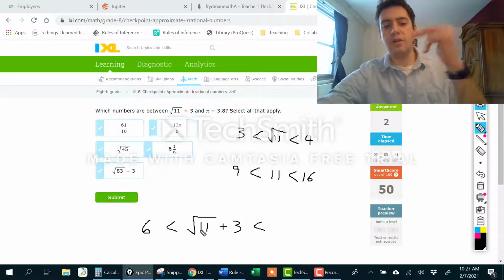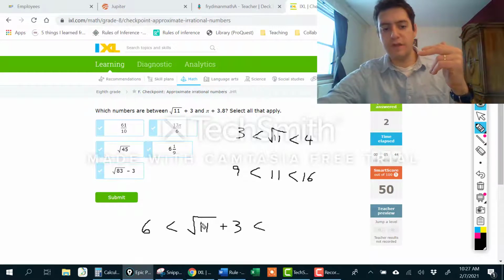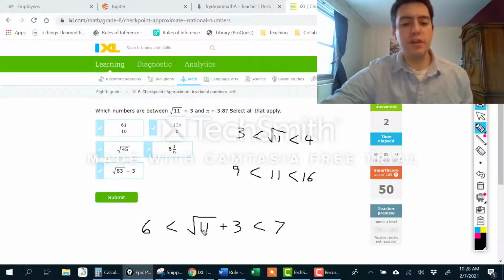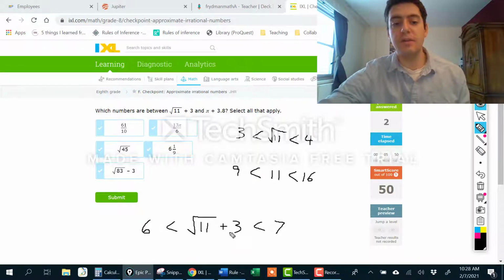If I take the bigger number, 4, then 4 plus 3 is 7. So I know that the square root of 11 plus 3 must be between 6 and 7.